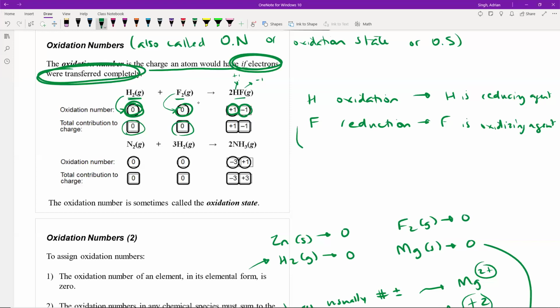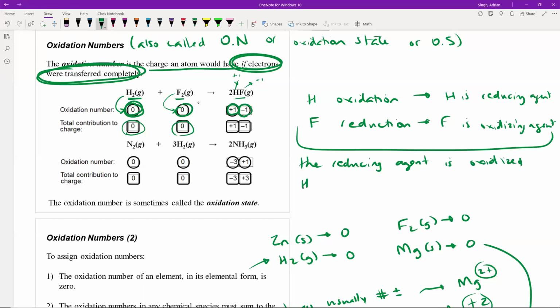Then we can summarize this in a general sense. We can say the reducing agent is oxidized, and the opposite is true, the oxidizing agent is reduced.